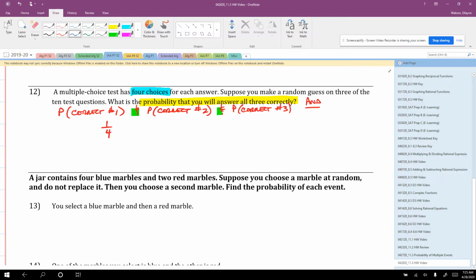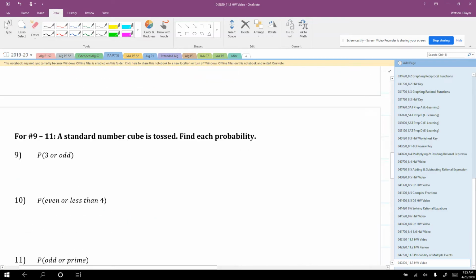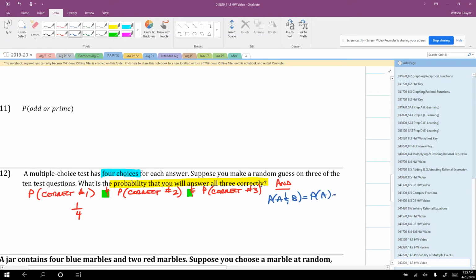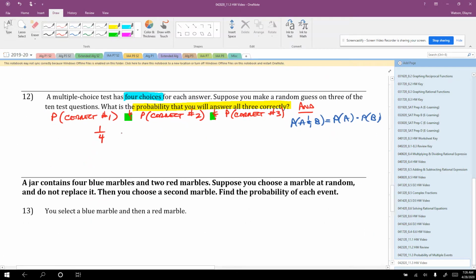I think we used A and B. Probability of A and B happening is just probability of A times probability of B. So we're going to follow that here, and there's 3 of them, but we're just going to multiply all of them. The second one, probability of number 2 being correct, there's still one correct answer out of 4. And the third one, the same thing. There's still one correct answer out of 4. All right, so we multiply these all together.